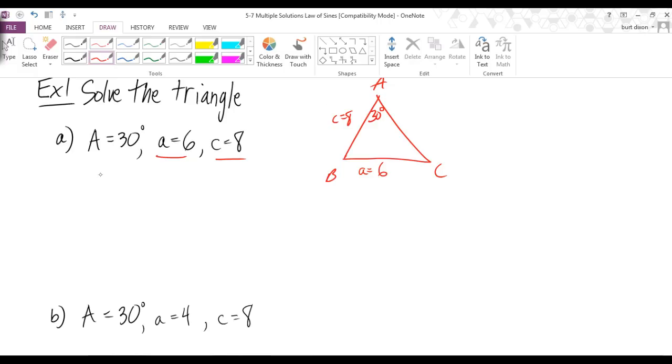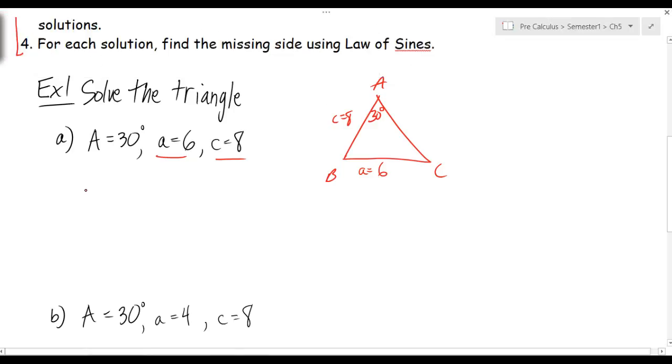So step 1 from the list of steps up above says to go ahead and apply law of sines.